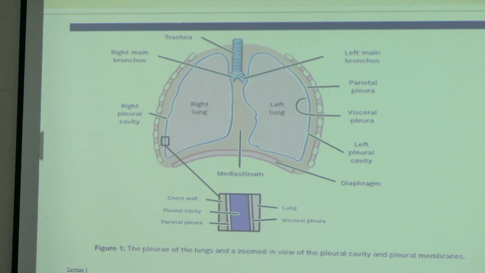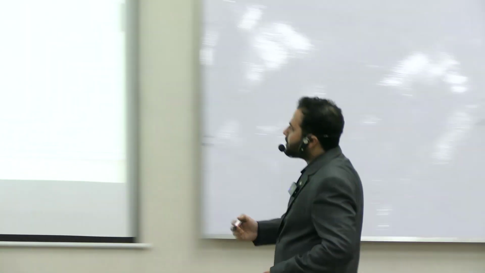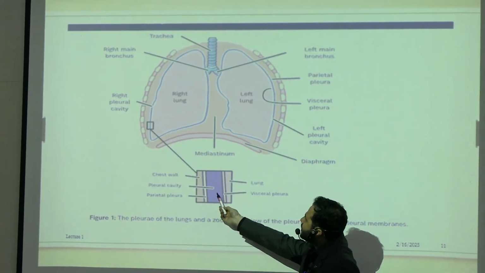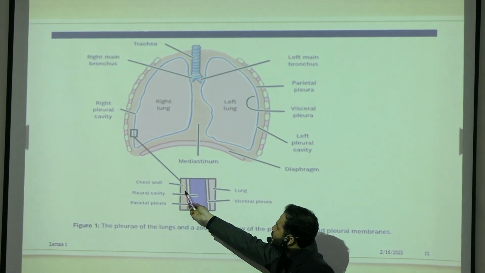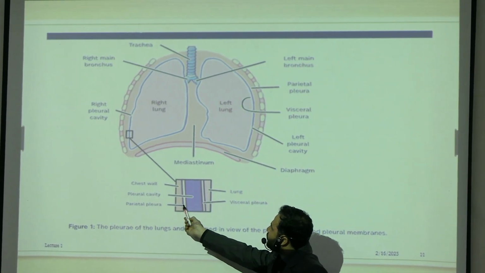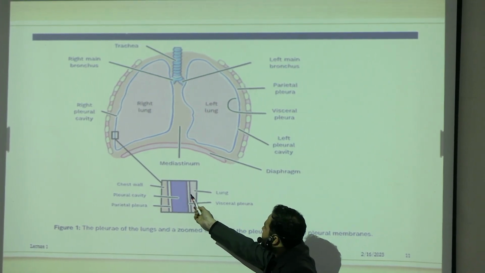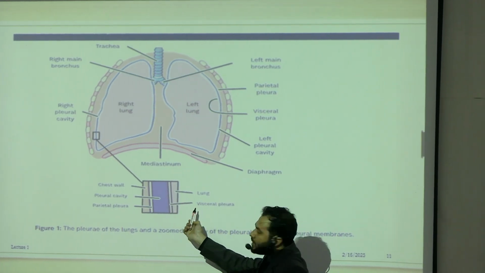Whereas the parietal pleura is attached to the chest wall. You can see the diagram here. See this portion, the color is given here, the chest wall, right? Along with the chest wall, there is the parietal pleura. Whereas this is the lung, and on its outer surface there is another layer called the visceral layer.